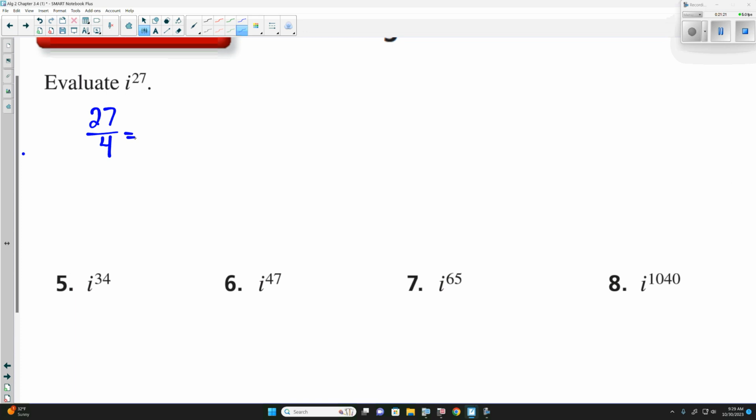So there's 4 choices it could be. It goes in cycles: I, negative 1, negative I, 1. I is the first, so 1/4, negative 1 is the second, 2 fourths, negative I, 3 fourths, and 1 is 4 fourths.